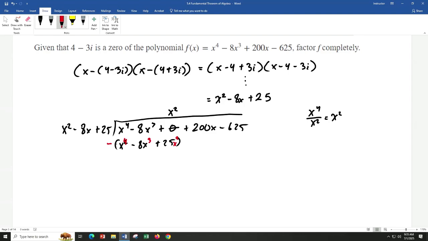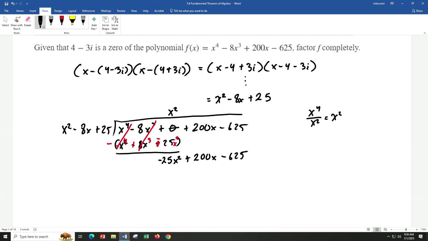So notice here, I'm going to have a negative here, a positive here. That's going negative. That reduces out. Hey, looks like that's nice. That reduces out as well, doesn't it? Okay, and so I'm going to be left with negative 25x squared. I'll bring down everything else, plus 200x minus 625.